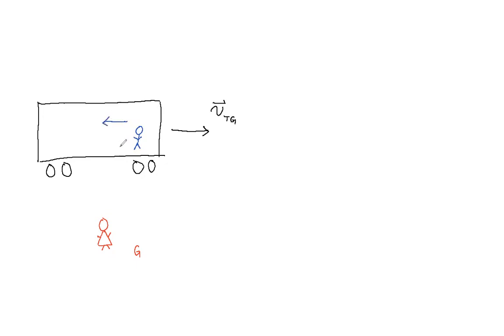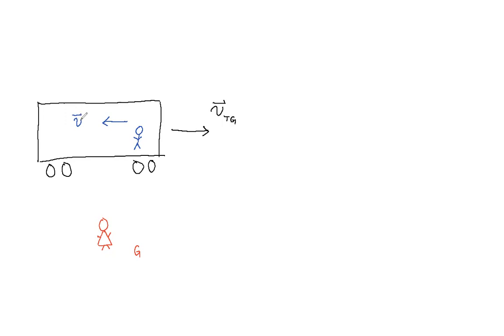If you ask someone on the train what this person is doing, they'll tell you, this person in blue is walking toward the back. And you ask them, at what velocity is this person walking toward the back of the train? And they say, oh yeah, the velocity of this person relative to the train is this quantity here.